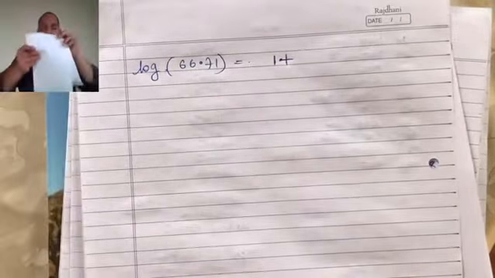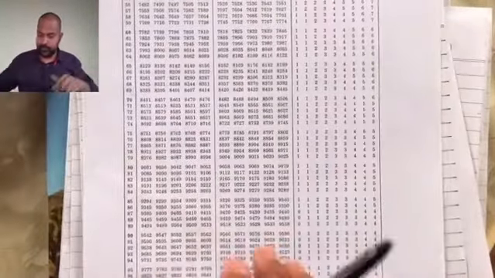So in 66, I will look for 7, and in that I will look for 1. 66.7 is 8241 and in that 1 is 1. So 8241 plus 1 is 8242.